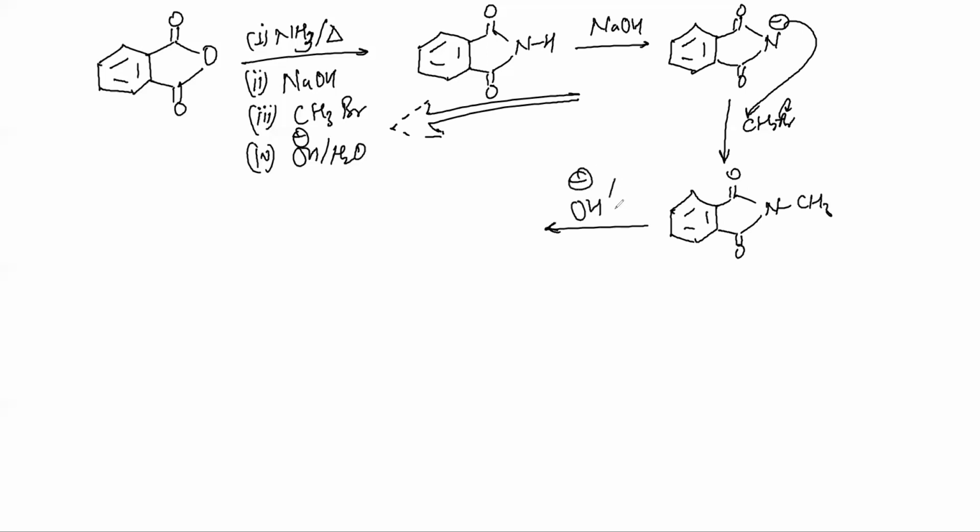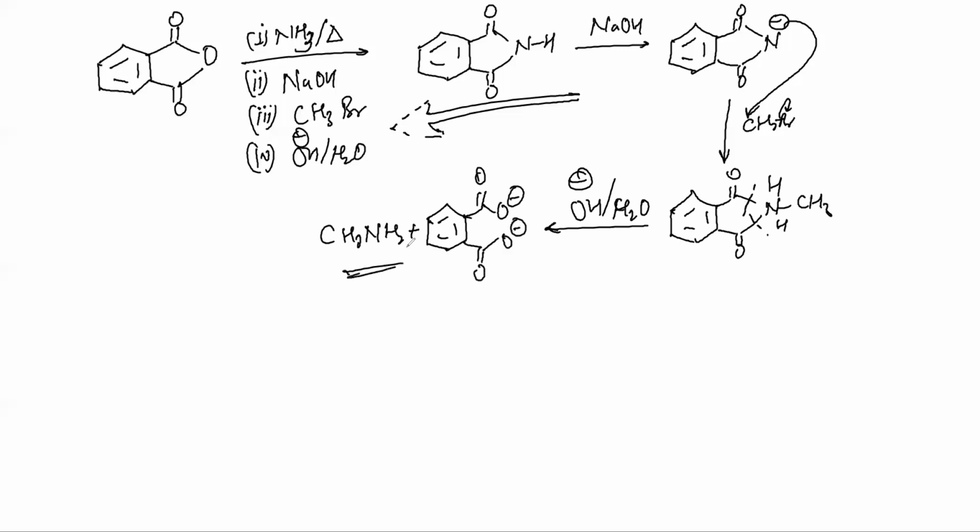NCH3 will be removed. See, this is hydrolysis. So the bond between nitrogen and carbon will be broken. So you'll get CH3NH2 plus something like this. Clear? Good.